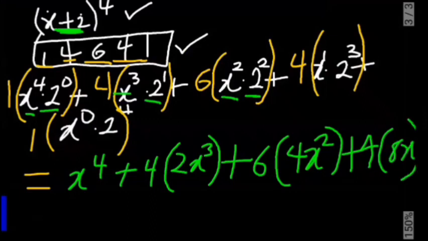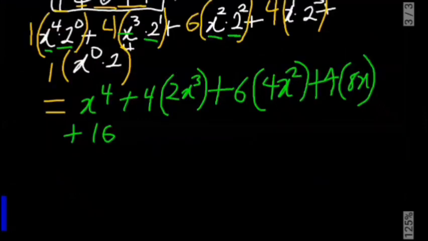So you should have a good understanding of algebra when doing this. Added with x raised to the power 0 is 1 here. Anything raised to the power 0 is 1. So we have 1 multiplied by 2 raised to the power 4. 2 raised to the power 4 is 16. So we have 16.